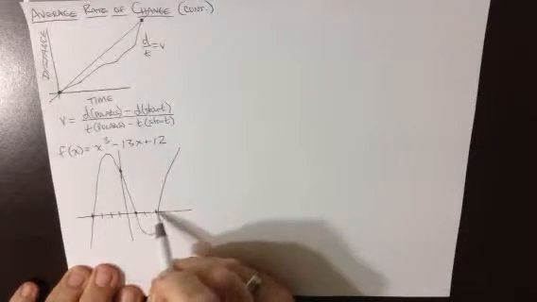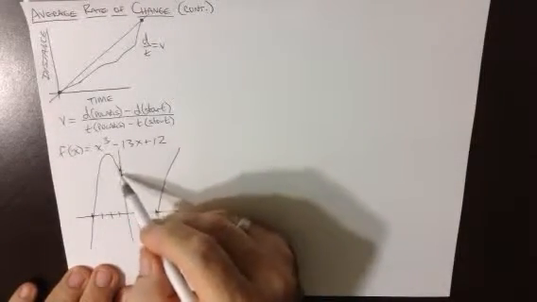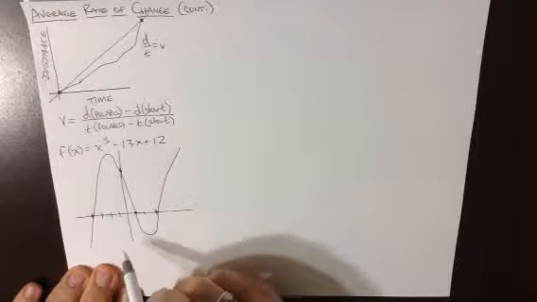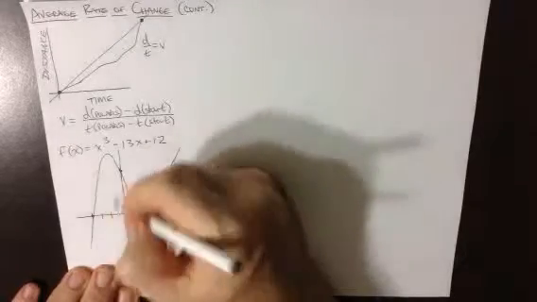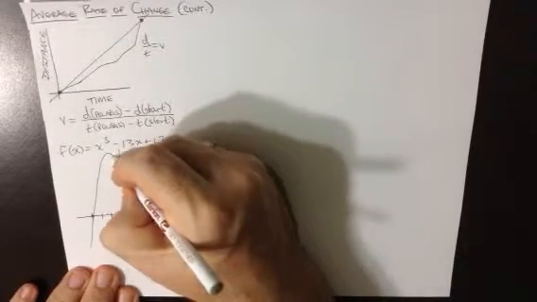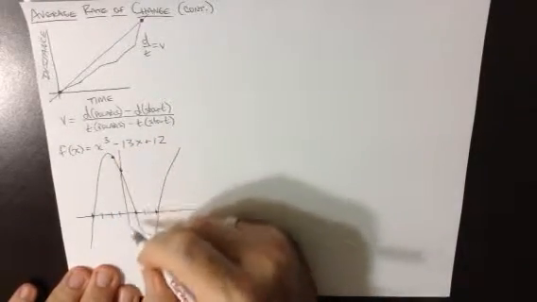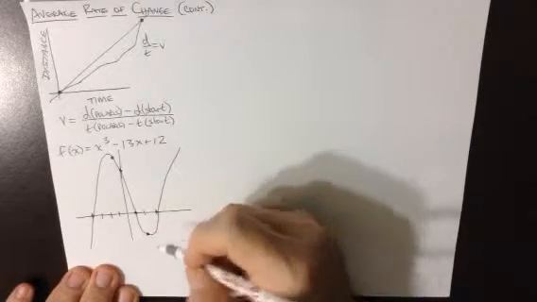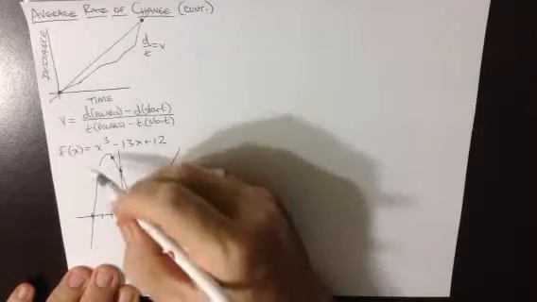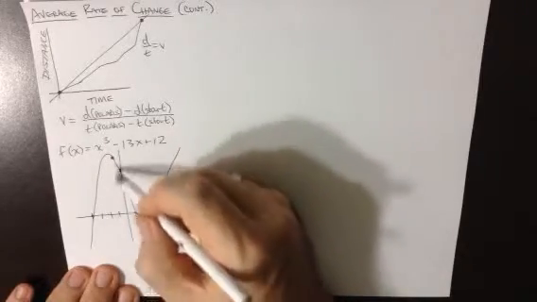So it crosses the x-axis at those 3 points. It crosses the y-axis at 12. What I want us to do is figure out the average rate of change between when x is equal to -1 and when x is equal to 2. So somewhere down here. Okay? What's the average rate of change between these 2 points on the function?